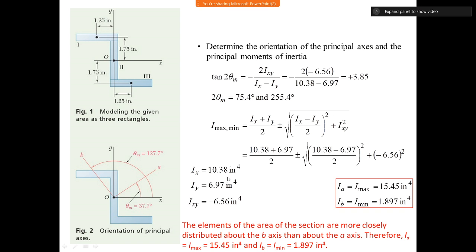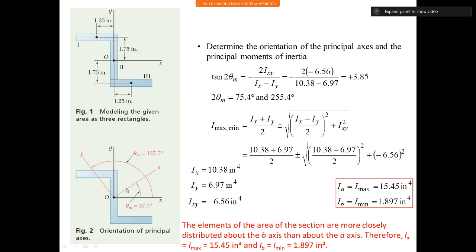Out of all these values, I about x is 10 point something, I about y is around 7, but I about A is 15.5. So the moment of inertia is maximum about this A axis, and therefore this is one of your principal directions. The second is obtained by 90-degree rotation of that direction.